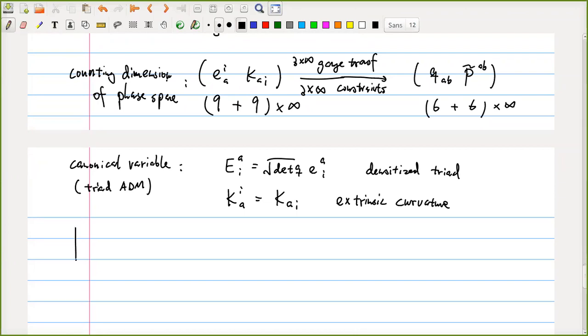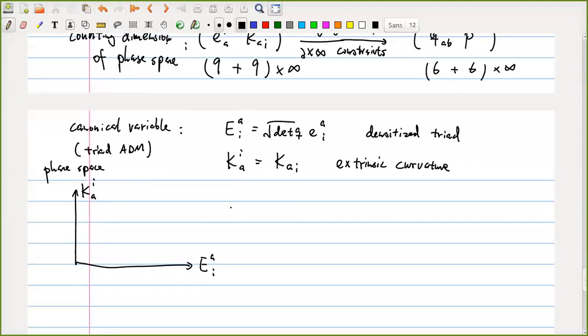Now this is the phase space. It's not the reduced phase space, but the phase space before taking the constraints into account. The coordinates are K and E. The Poisson bracket is defined as follows: {f, f'} equals kappa divided by 2 times an integral. Here you see that when I put the kappa in, I have kappa divided by 2.